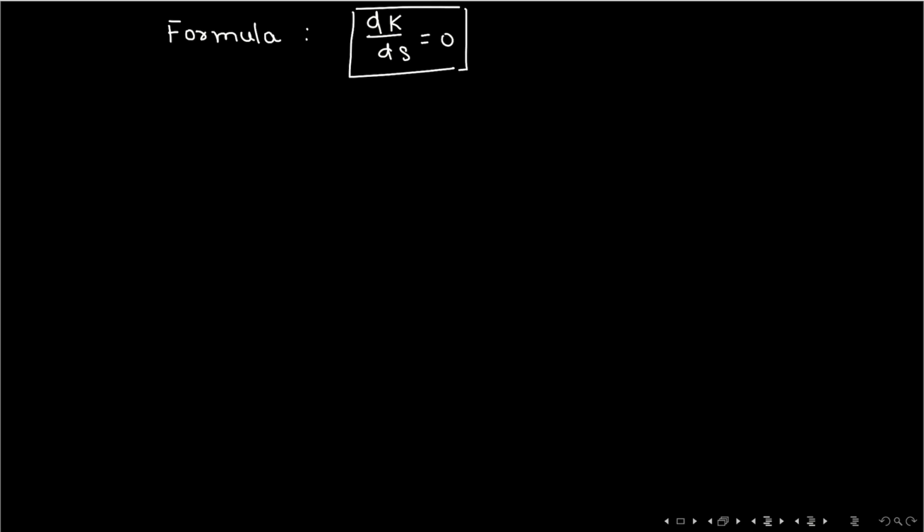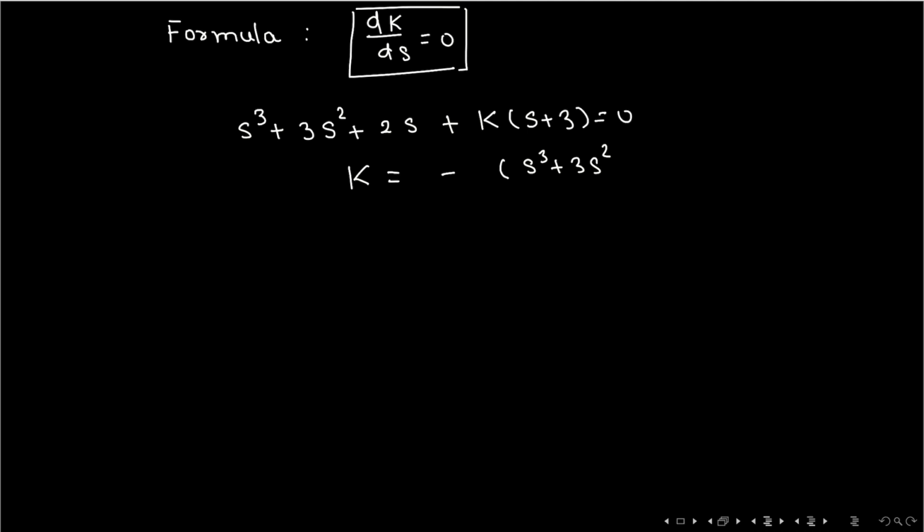We have the characteristic equation with us, which is s cube plus 3s square plus 2s plus K times (s plus 3) equal to 0, and we can write K directly as minus (s cube plus 3s square plus 2s) divided by (s plus 3).